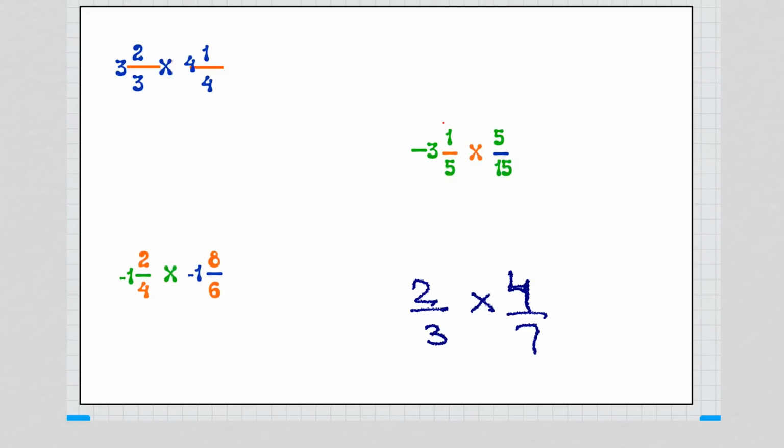Please remember, you can only and always simplify when the numbers are in the numerator and denominator. Never try to simplify like 2 times 1 is 2 and 2 times 2 is 4. Never, please, that would be wrong. You can only do it with numerator and denominator. You can simplify them diagonally as well, whichever way, but always the numerator, the top number, with the bottom number.